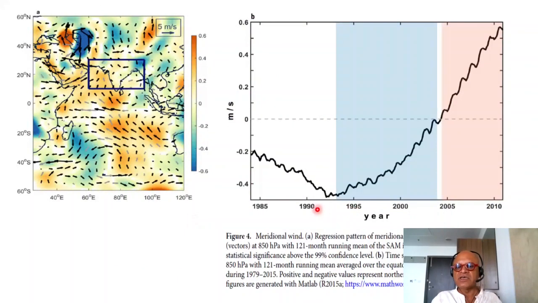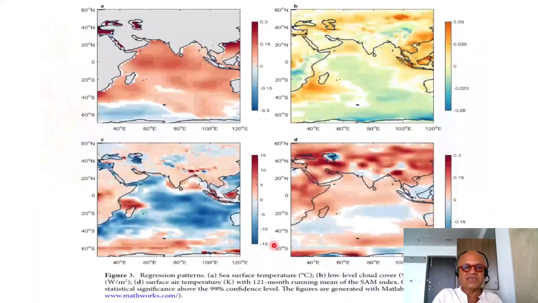So here is the time series of the meridional wind speed anomaly at 850 hectopascal with 121-month running mean, averaged over the equatorial Indian Ocean. So they're arguing for a cross-equatorial southerly flow from the south to the north, which is consistent with the thermal contrast created by the decadal change.